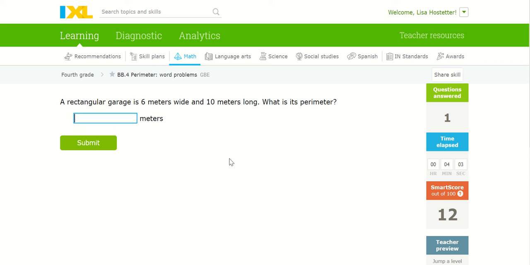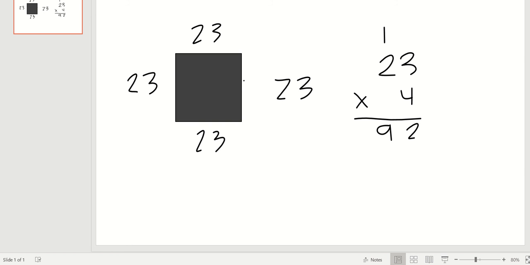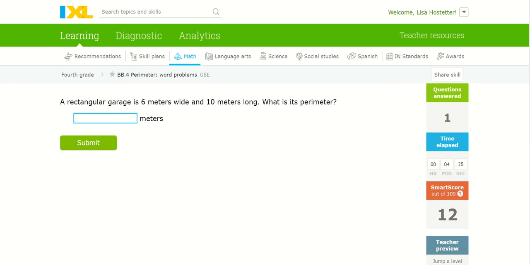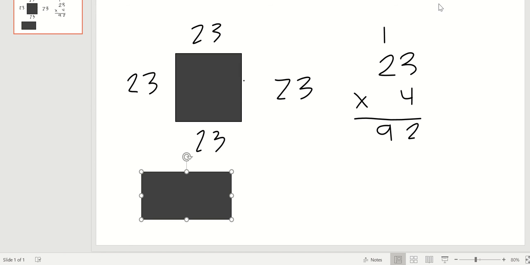Now this one, it says a rectangular garage is 6 meters wide and 10 meters long. What is the perimeter? Well, once again, I'll make a rectangle. The problem tells me that it's 6 meters wide and 10 meters long.